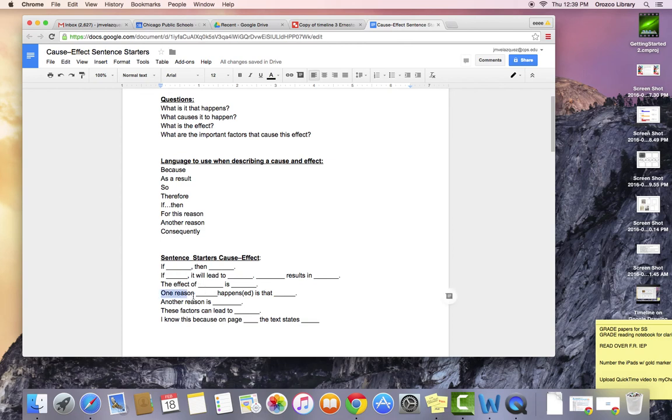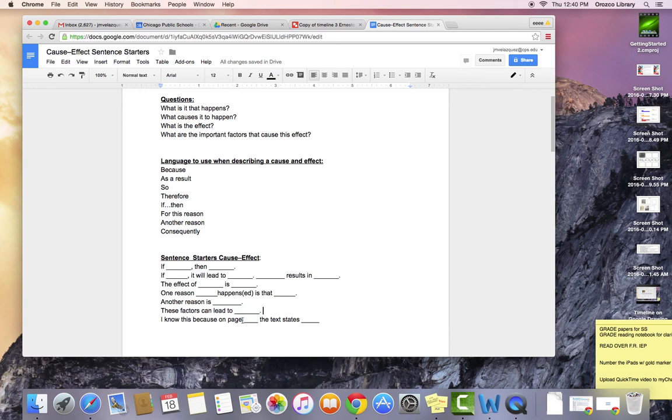One reason that the colonists participated in the Boston Tea Party is because, and then this is what happened as a result of that. Another reason why the colonists did this is because, or these factors can lead to, or in the case of our timeline, these factors led to the American Revolution.